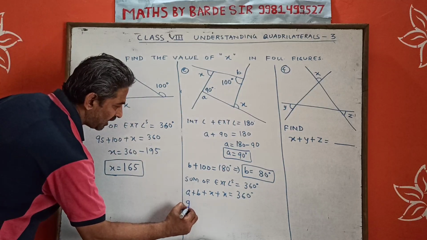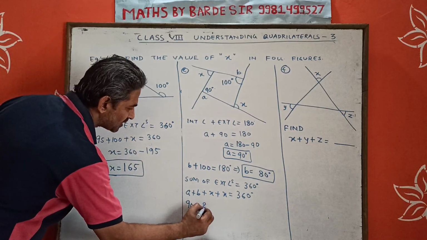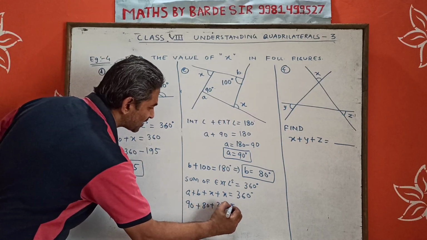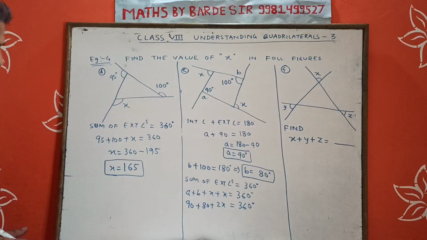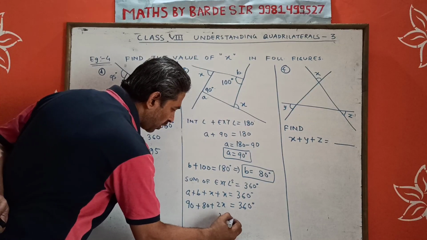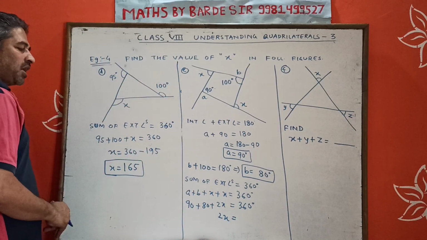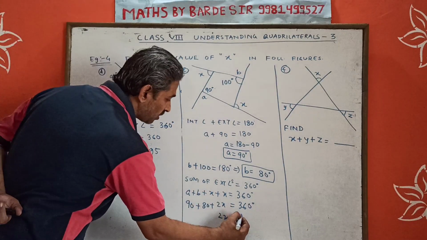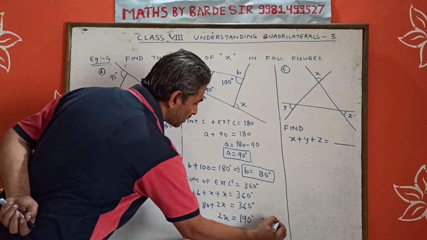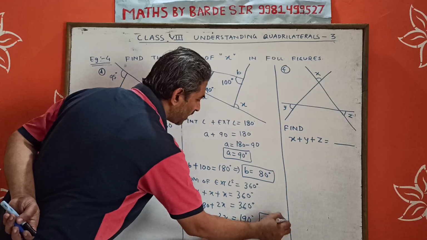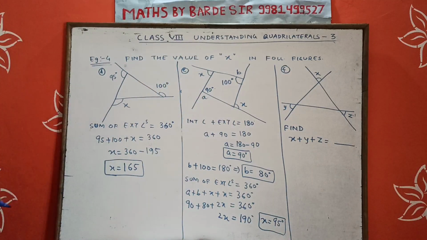A is 90, B is 80, x plus x, 2x is equal to 360. So here we get 2x, 360 minus 170, that is 190 degree. Therefore x is equal to 190 upon 2, which is equal to 95 degrees. Right?